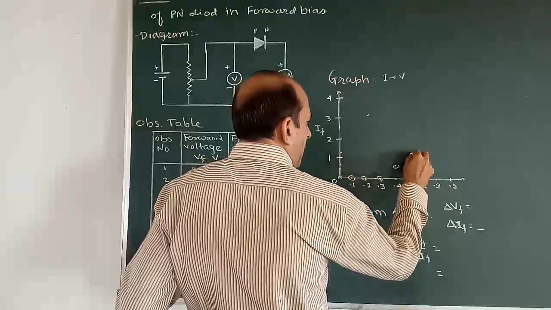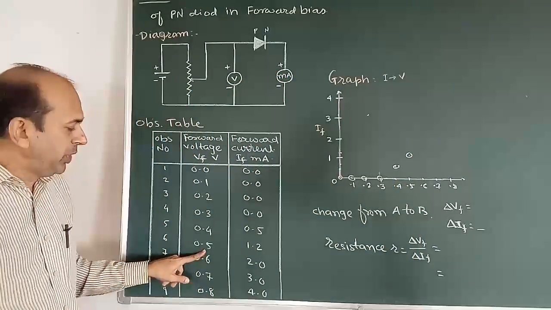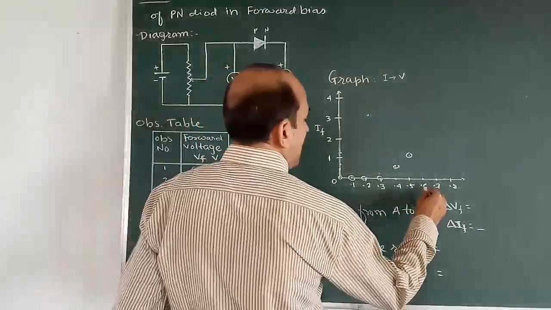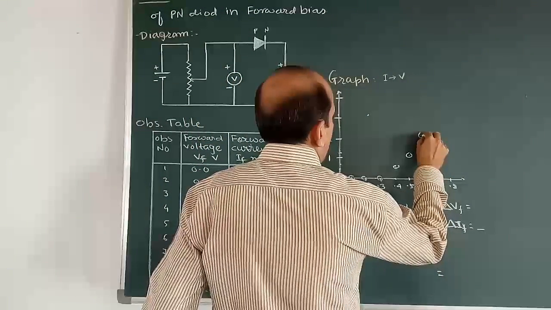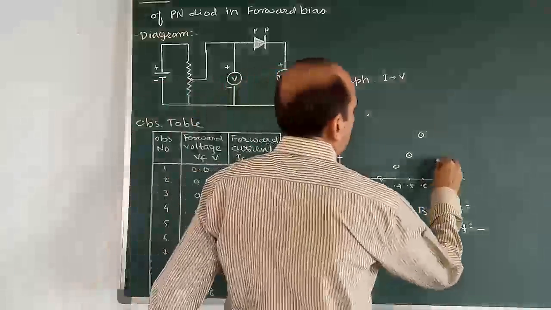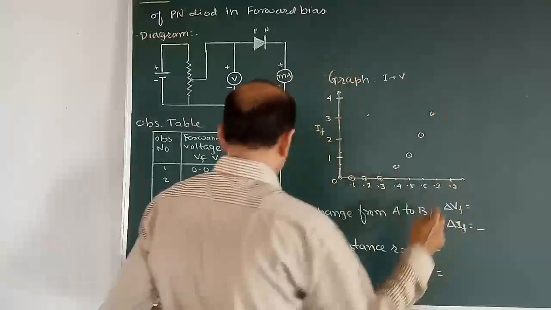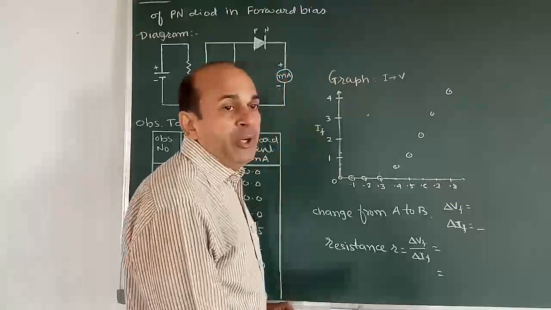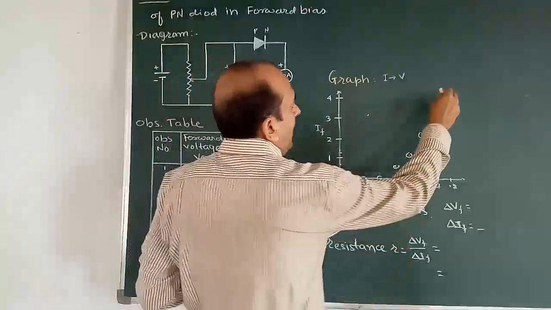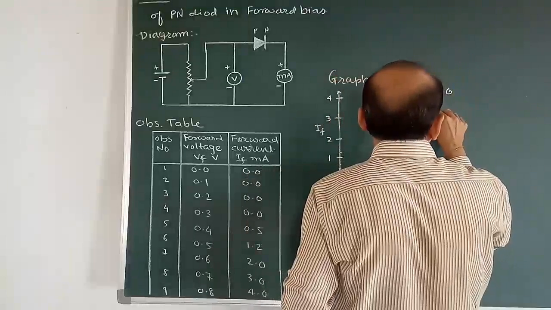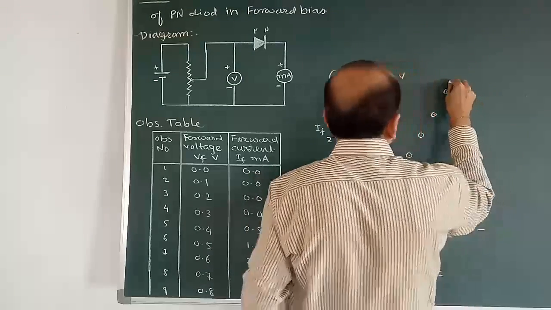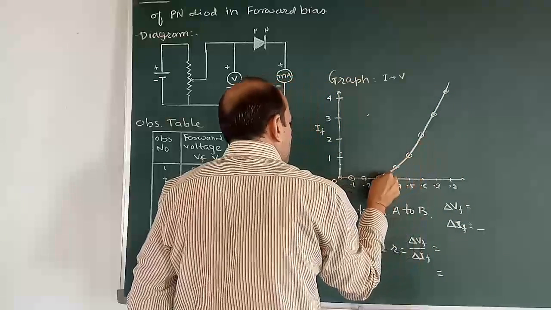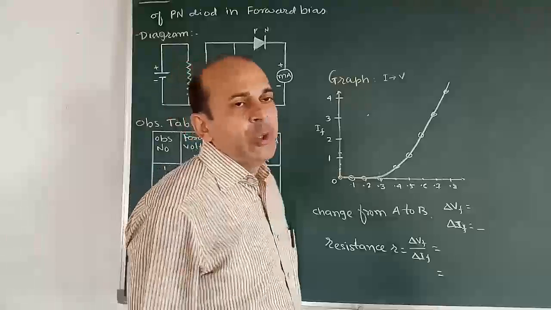For 0.6 voltage the current is 2 mA, and for 0.7 it is equal to 3, and for 0.8 it is equal to 4 mA. You will draw a smooth line joining them and see the nature of the graph. This is the nature of the graph.